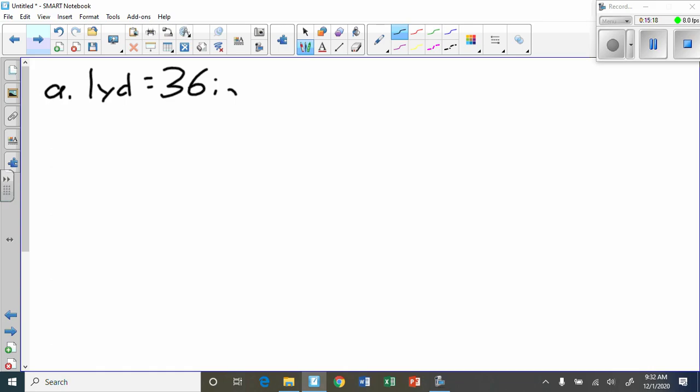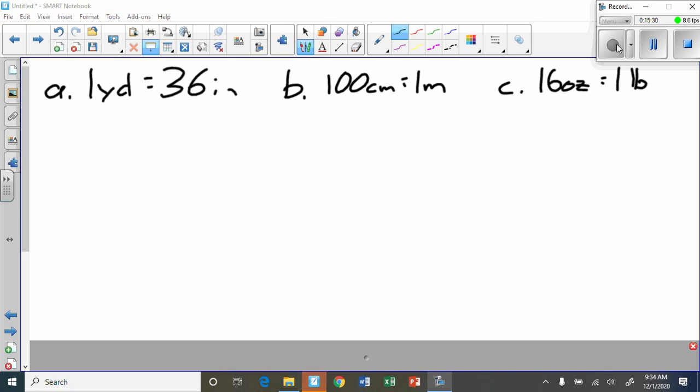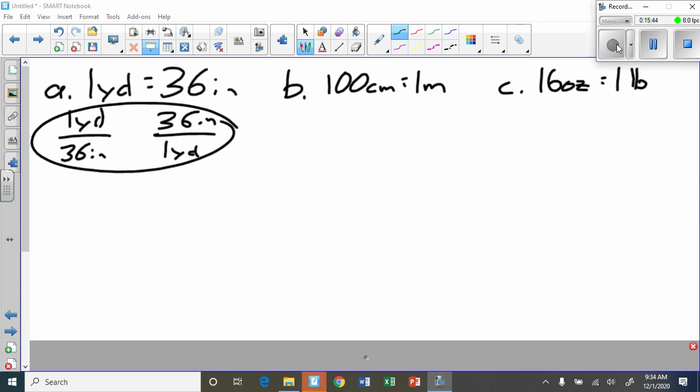What are my two conversion factors? Write the original, write your two factors, do that for A, B, and C. So I'm going to share the answers real quick. Write 2 unit multipliers. If I have 1 yard equals 36 inches, they're not asking me to change anything. They just want the unit multipliers. So 1 yard over 36 inches or 36 inches over 1 yard. Those would be my 2 answers.